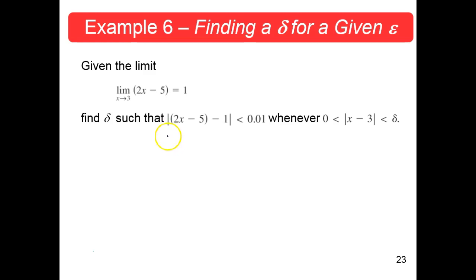So this will be the absolute value of 2x minus 5 minus 1, less than 0.01. Everybody agreed? Then let's combine like terms inside there. That would be the absolute value of 2x minus 6, less than 0.01. Pretty good so far. What can we do here?